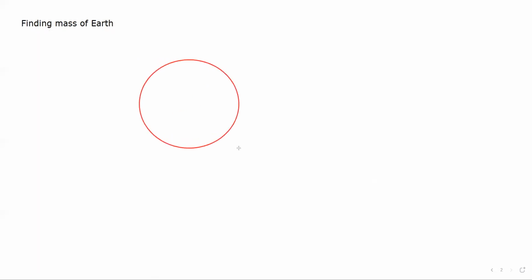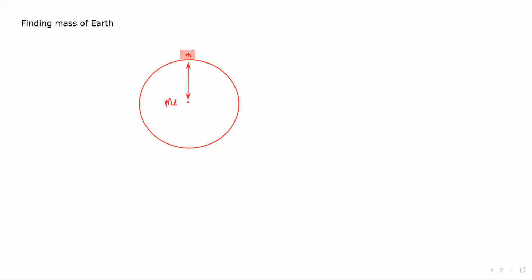So practically, how can we find the mass of the Earth? For example, an object is there on the surface of the Earth. According to Newton, if the mass of the object is m and the mass of the Earth is me, and the distance between them, if it is on the surface, will practically be a bit more than the radius of the Earth, because the center of mass of the object will not be at the bottom.